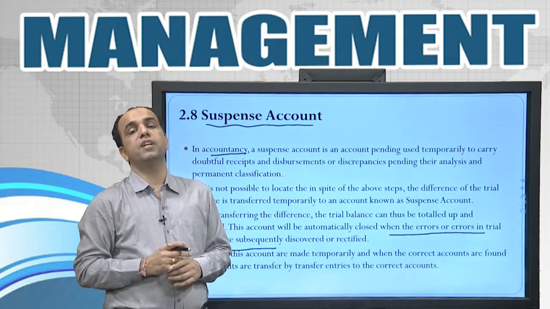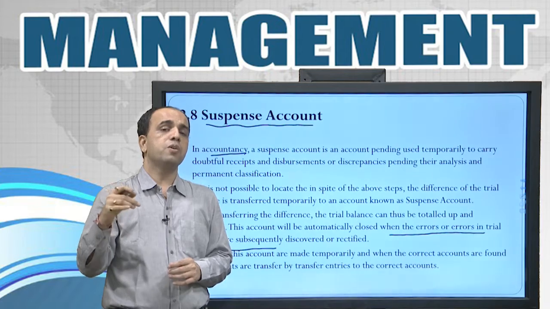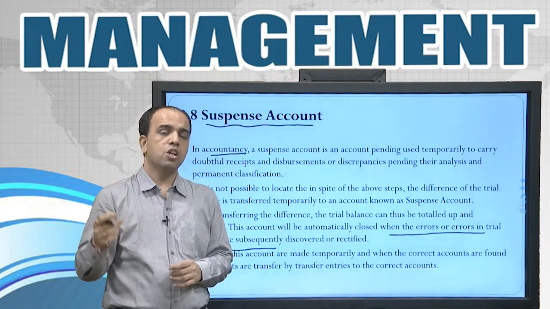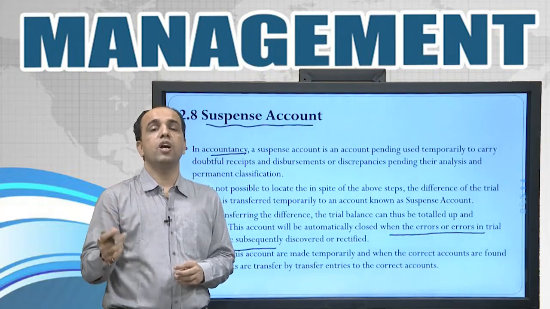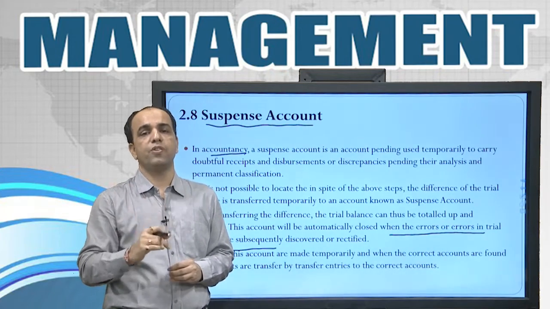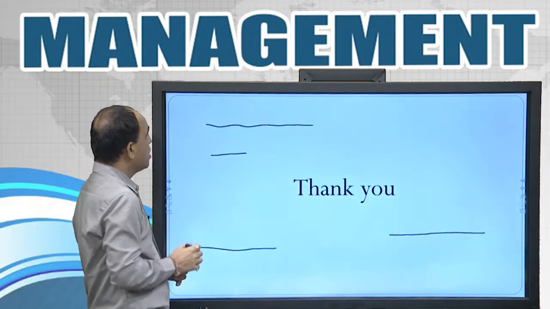Friends, you will be surprised to learn that if you have some amount in the suspense account, when you rectify the transactions, whatever accounts are involved, you have to find out the adjusted or rectified profit. That is also very important.